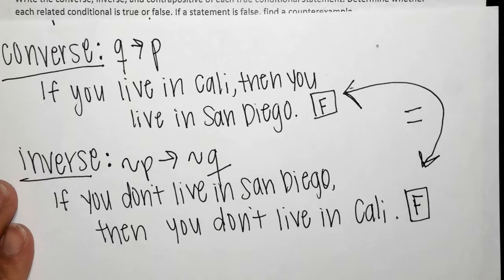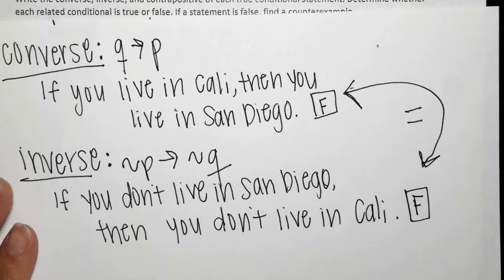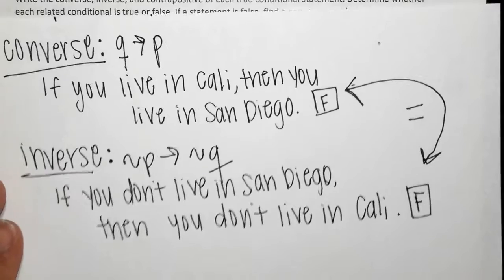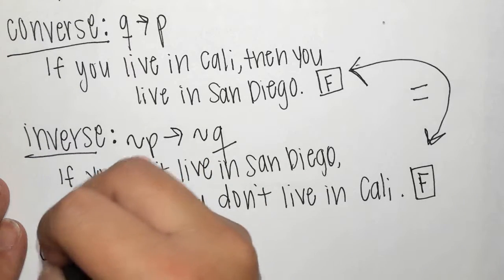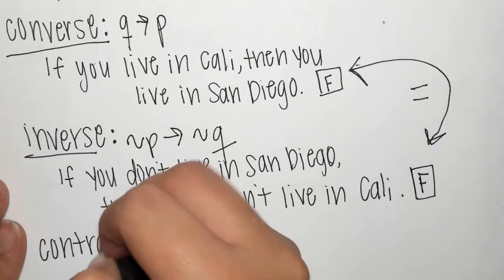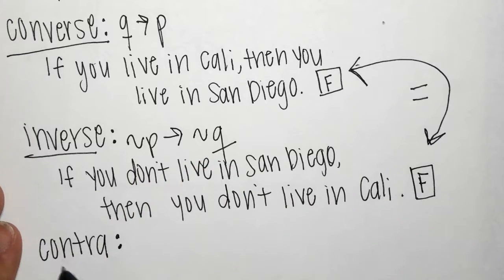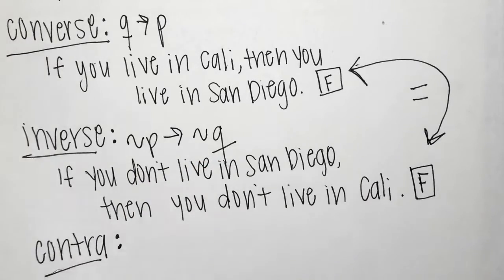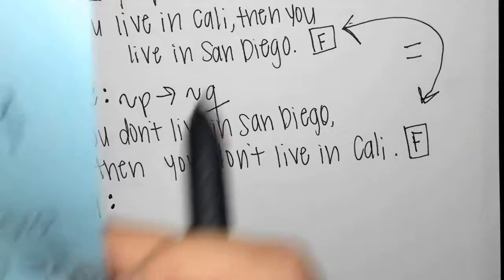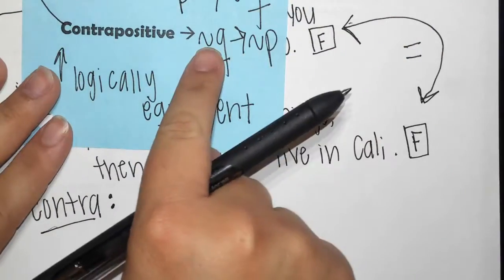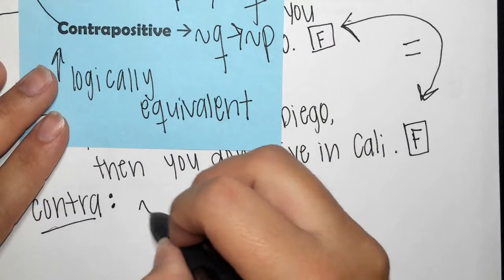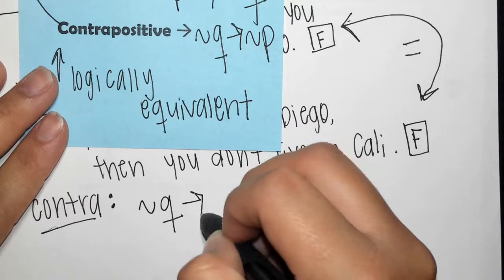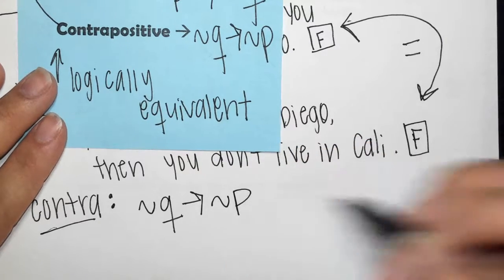Okay, let's do our contrapositive. It's the last one left. I like to shorten it to contra, because it's kind of a long word. So most of the time I just put contra. Look back at your blue sheet and write the symbol.